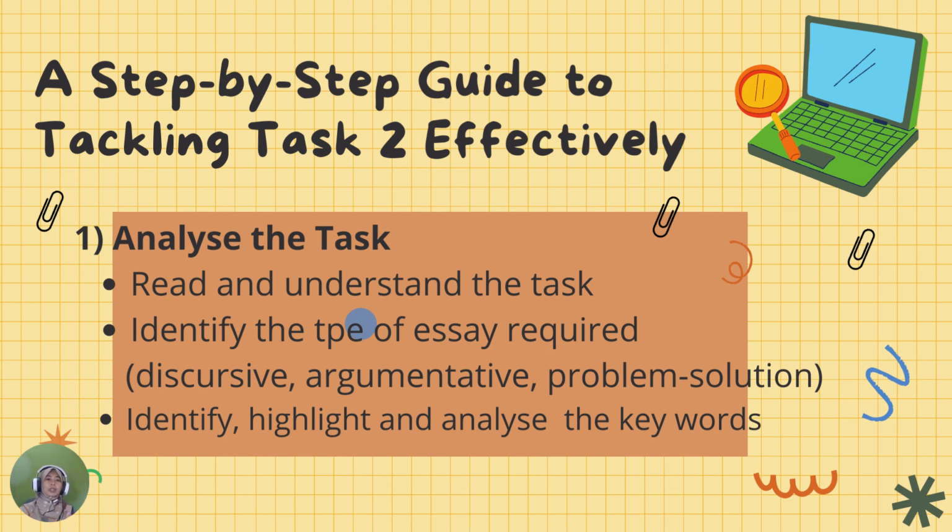You are given only one question. It may be discursive, argumentative, or a problem-solution essay, so you have no choice. You have only one question and you have to identify which type of essay it is.